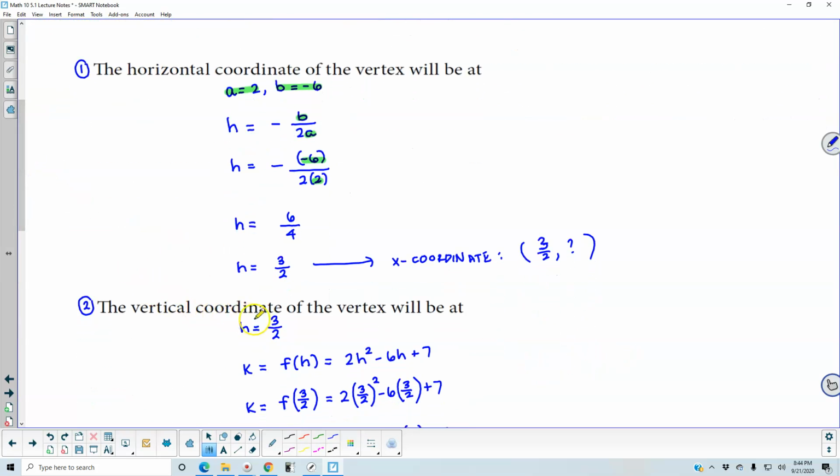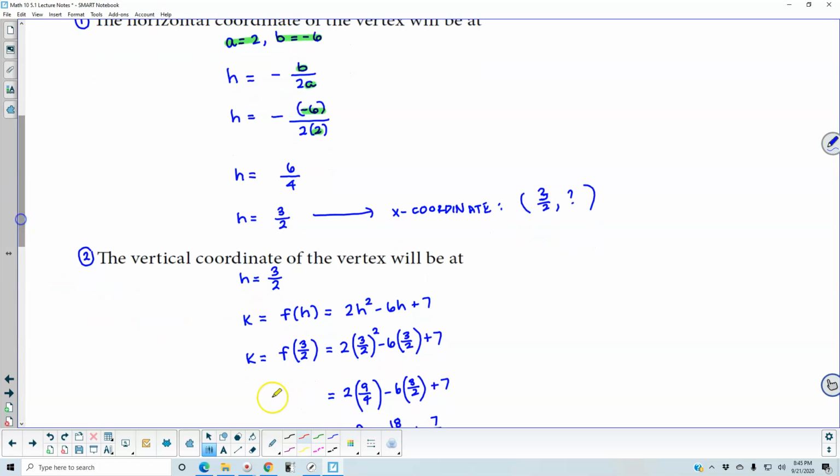Now, the vertical coordinate of the vertex will be at h equals 3 over 2. Now, to find k, what we need to do is substitute the value of h as an input for the function itself.